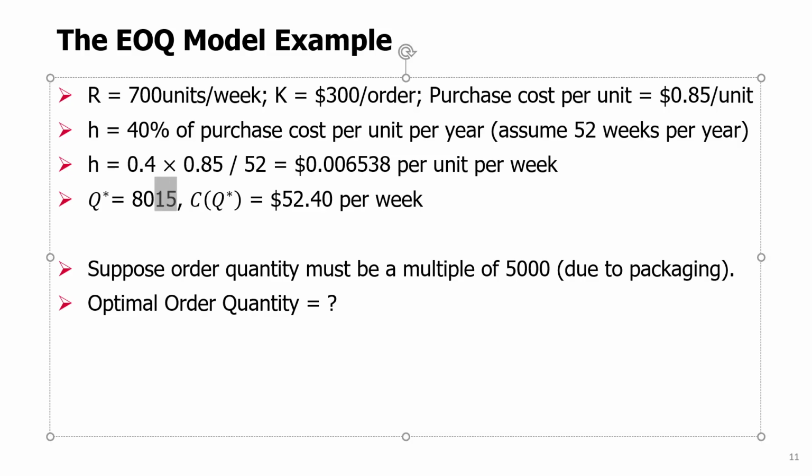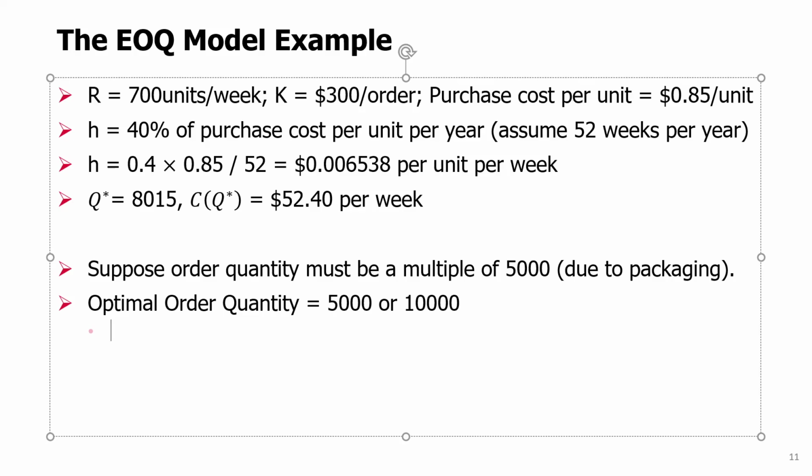So if the optimal quantity was 8,015, I should try rounding this down to a multiple of 5,000, which is 5,000, or rounding it up to a multiple of 5,000, which is 10,000. So the optimal quantity will be 5,000 or 10,000, but which one it will be, I first have to see the cost.